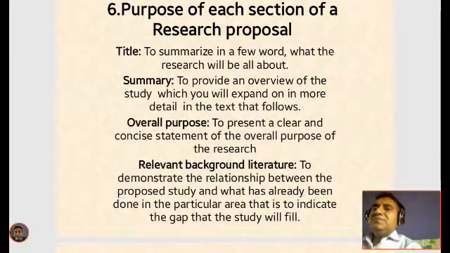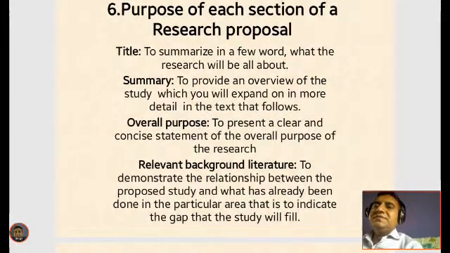Summary. To provide an overview of the study which you will expand on in more detail in the text that follows. Overall purpose. To present a clear and concise statement of the overall purpose of the research. Relevant background literature.